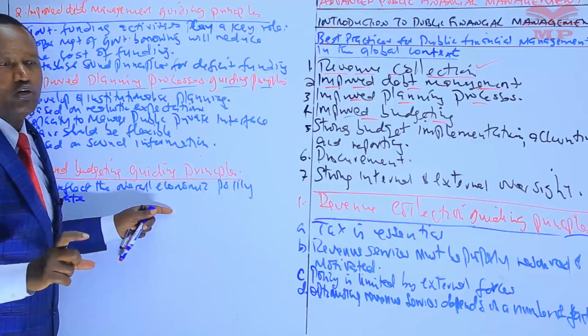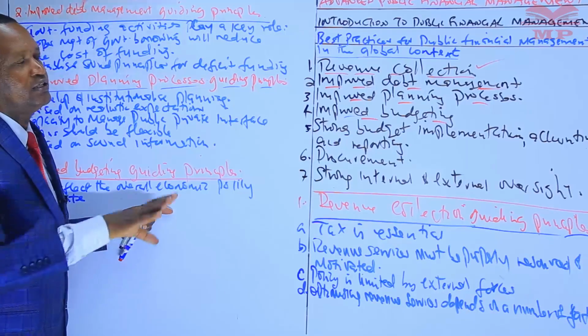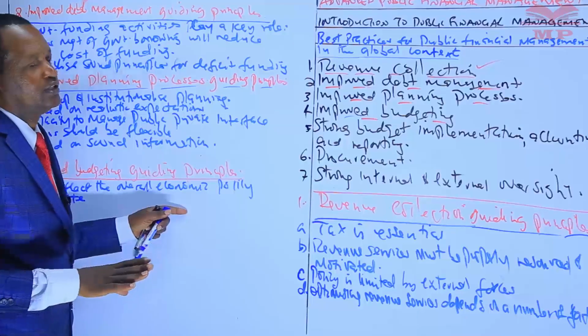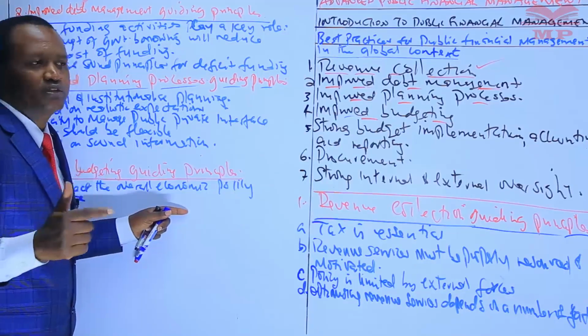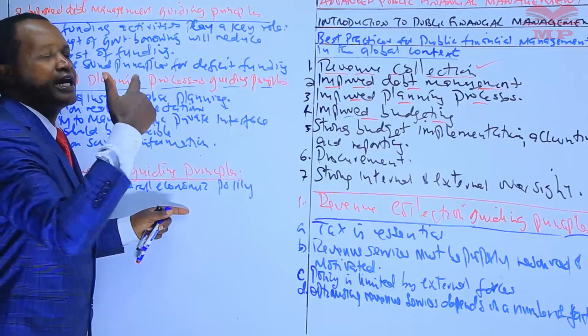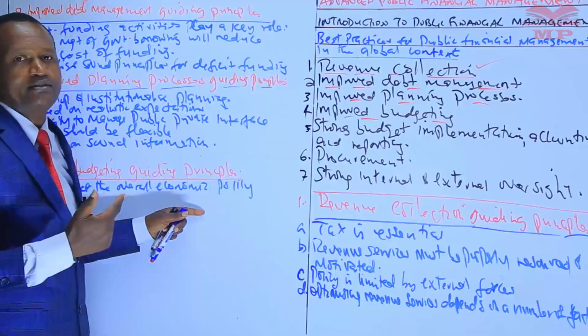process, you recall we said that the Cabinet Secretary of National Treasury issues a circular to all county and national government public entities.